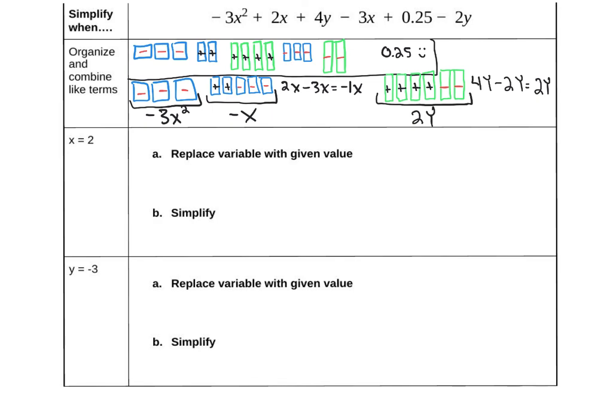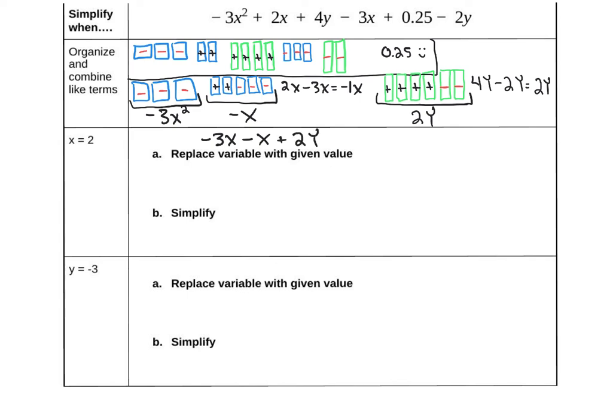So when I smush them all together, I see that I have negative 3x squared, and then 2x minus 3x is just negative 1x, and then 4y's minus 2y's is just 2y's. And so my simplified expression, I'll write this down below, is actually negative 3x squared minus x plus 2y.